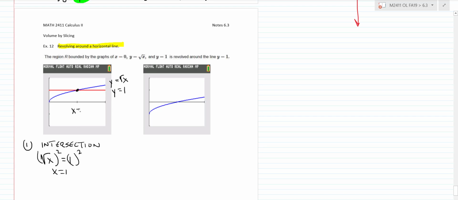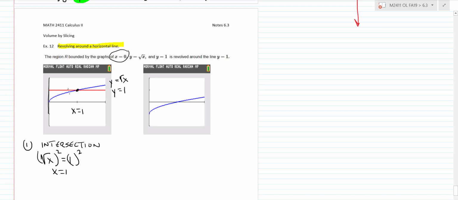Okay, so x equals 1 is where that's going to go, and we're going to be bounded by the graph x equals 0, which is just this line here. Y equals 1 is what we get revolved around. Okay, so we're bounded by y equals 1.